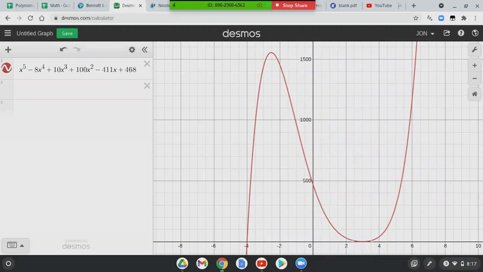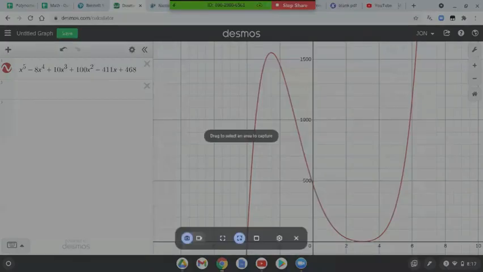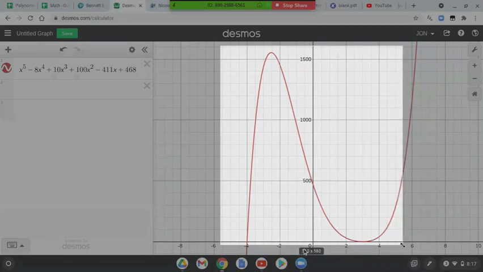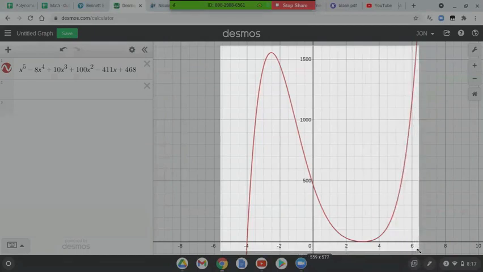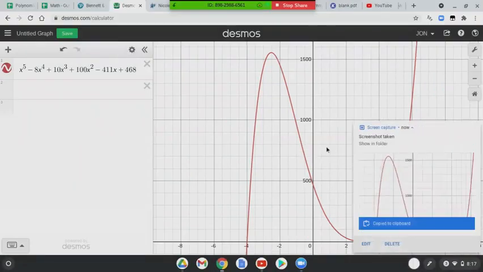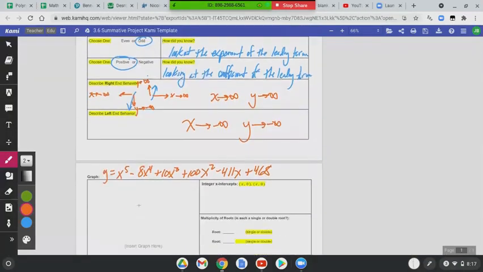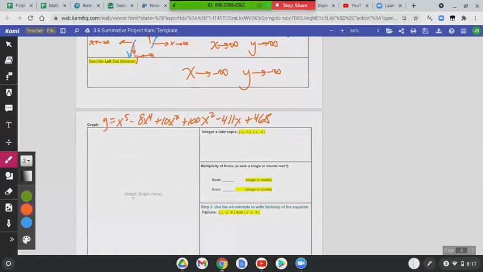One thing they wanted here was for us to capture a picture of this and put it into the document. So I'm going to capture my picture.